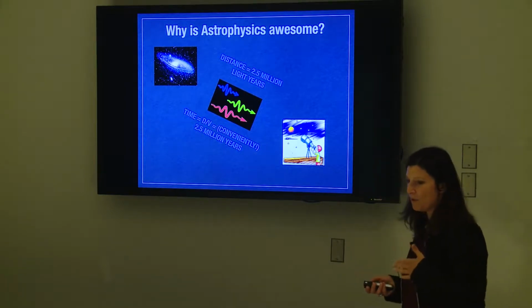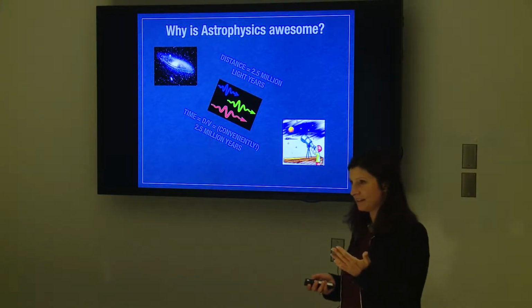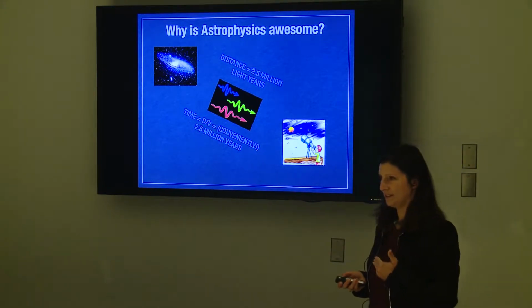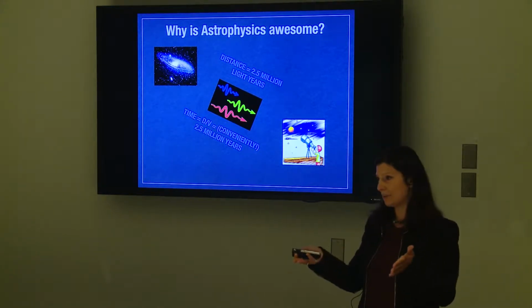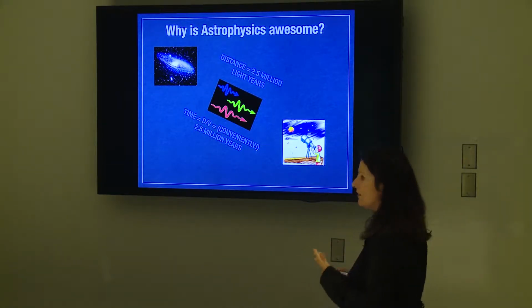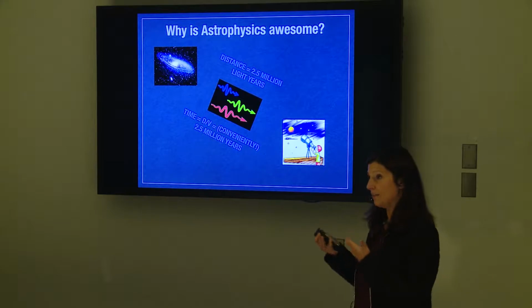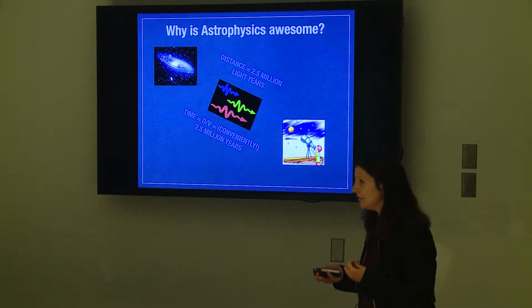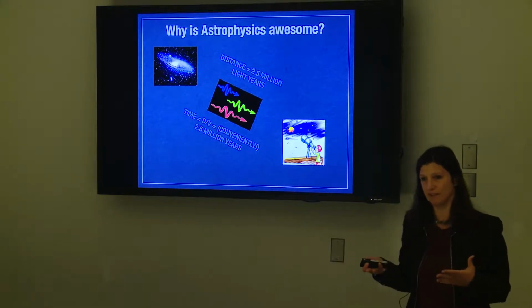So when we are looking at Andromeda, the picture that we're seeing is 2.5 million years old, just because there is no faster way for information from Andromeda to get to us. This doesn't matter a lot for Andromeda, because as far as galaxies go, 2.5 million years is not a particularly long time scale.